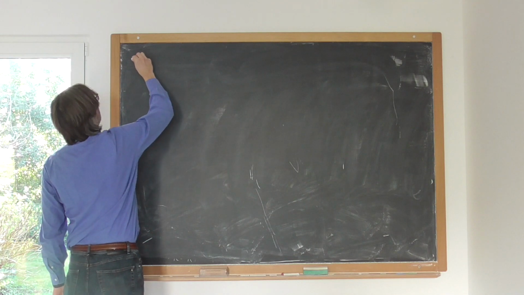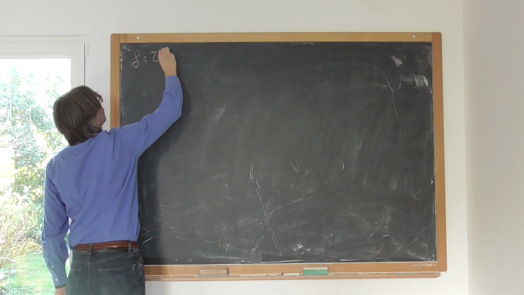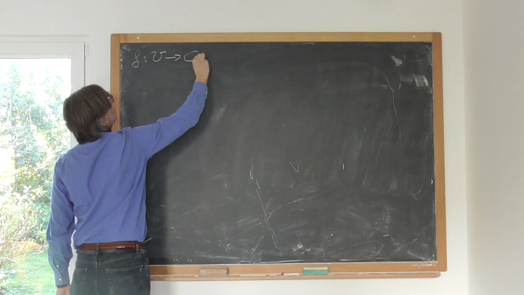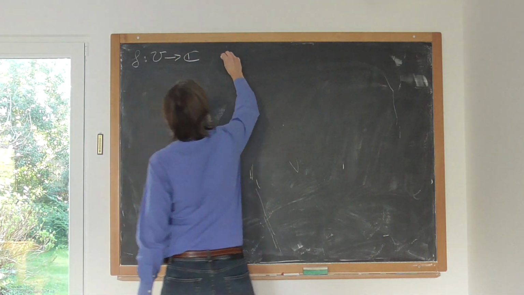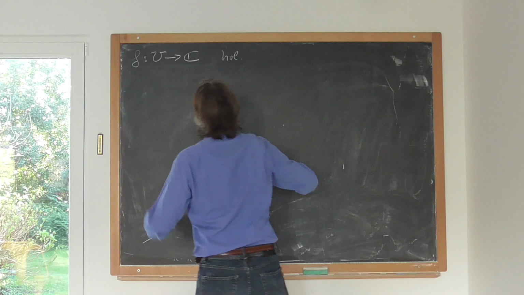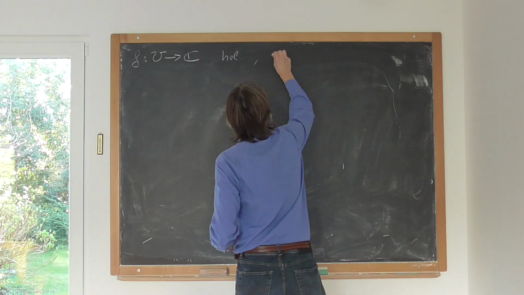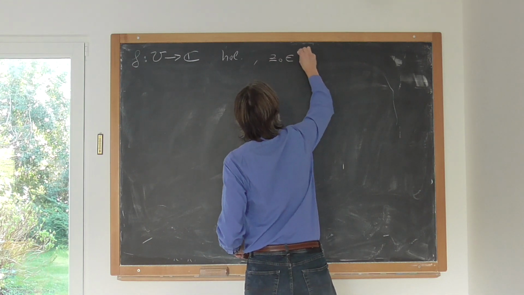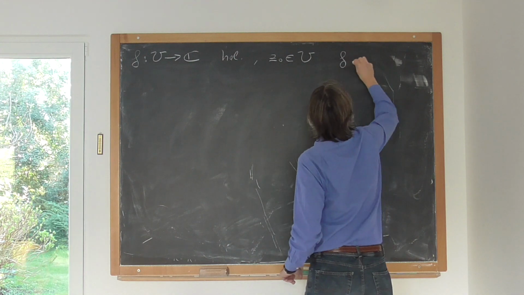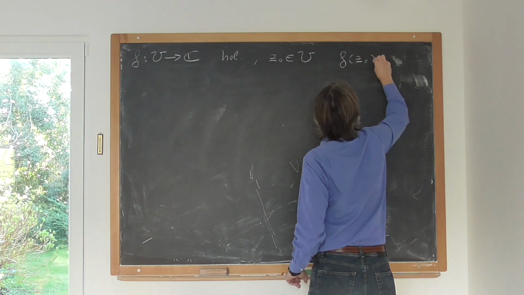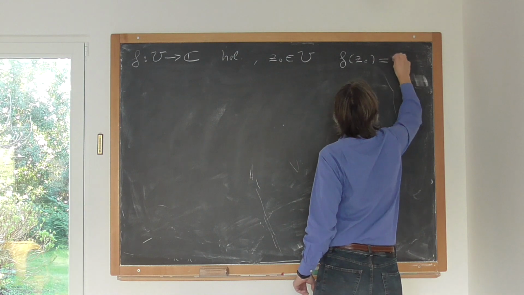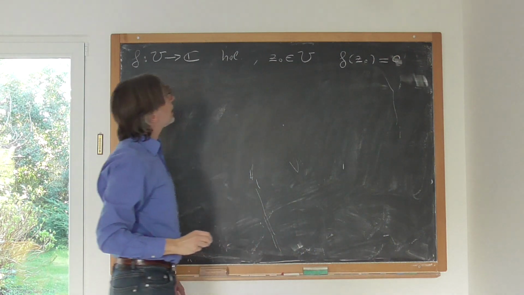If f is a holomorphic function on U, an open set, and z naught is an element of U, such that f of z naught is 0, so it's a 0 of this function.